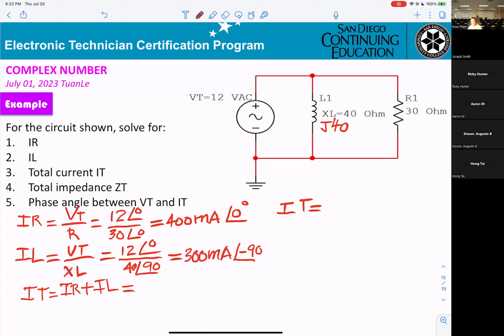However, when you're adding, you want to use rectangular. IR will be 400. Okay, and you're adding J40. And now you have to convert into the polar.